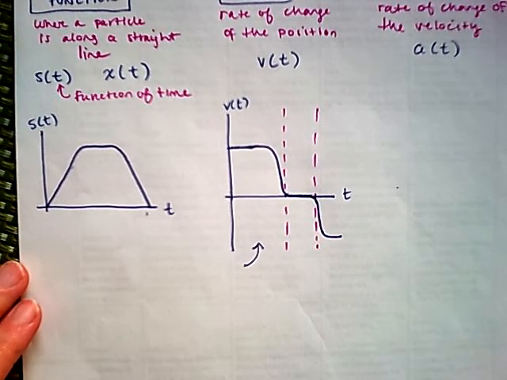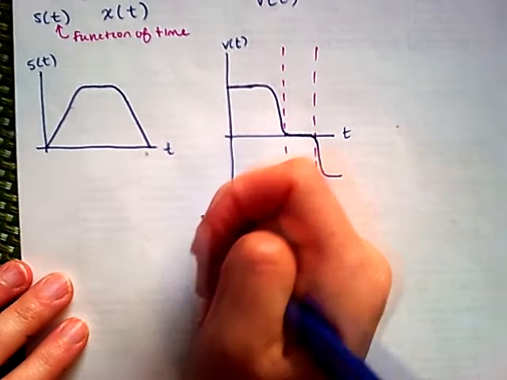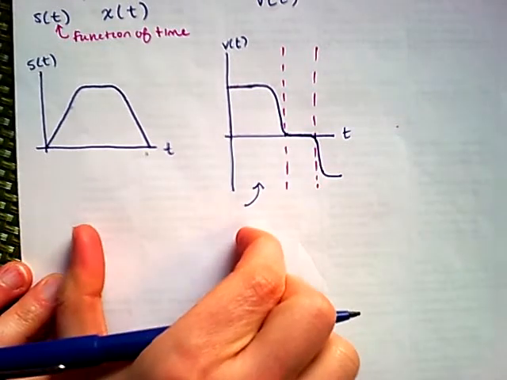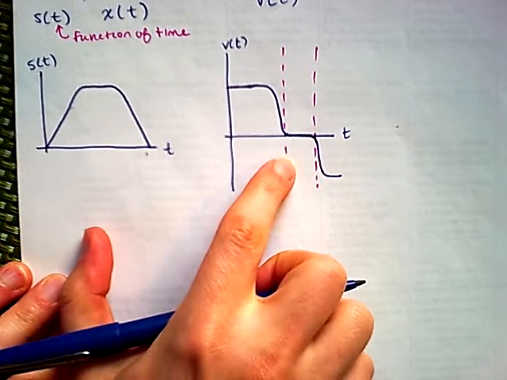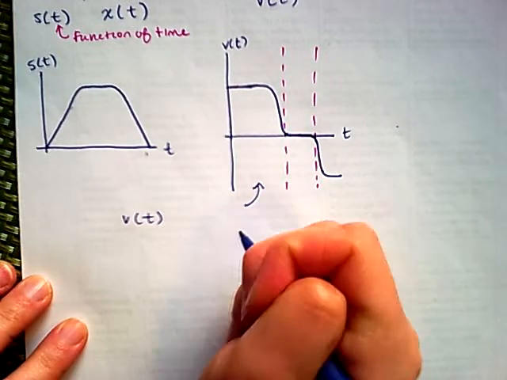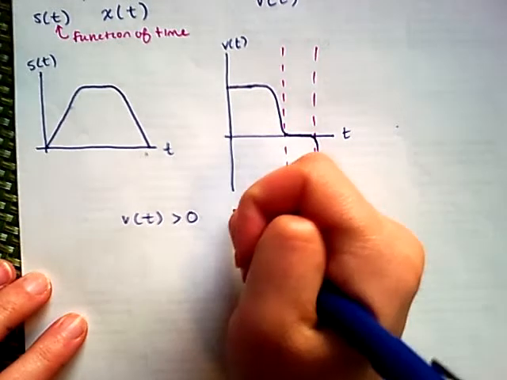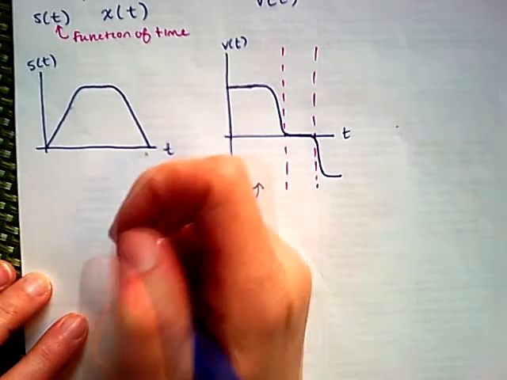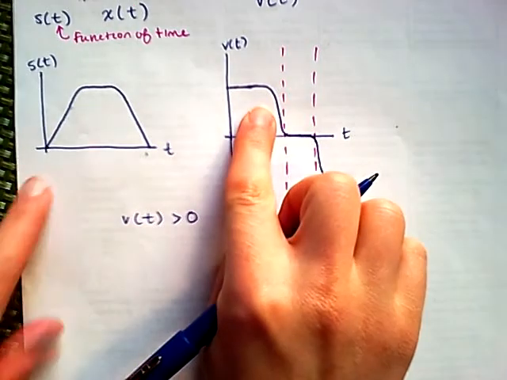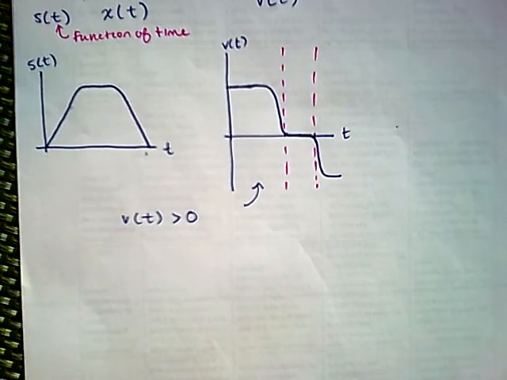For this first chunk where the velocity is positive, I'm going to do a little box right here to correlate to this left section. So we'd say v of t is greater than 0, right? That's where it's above the x-axis. That means that the particle is moving away from its starting point in a positive direction, so it's going forward, to the right, or moving up sometimes.